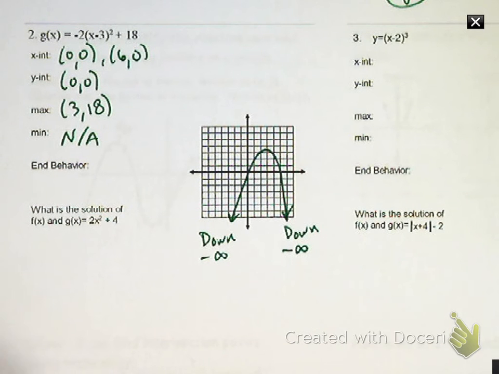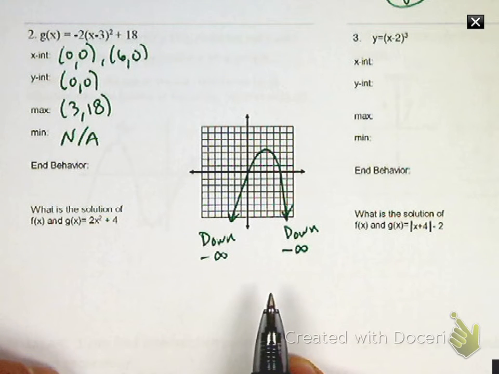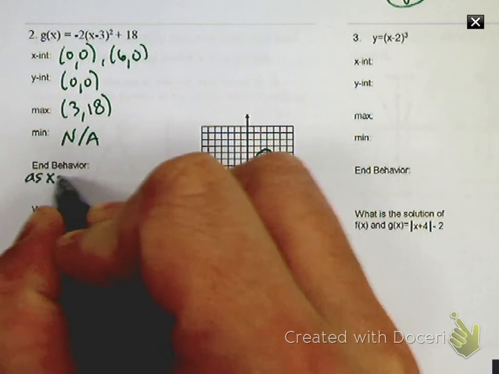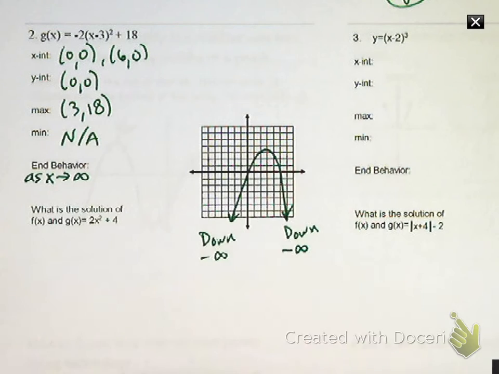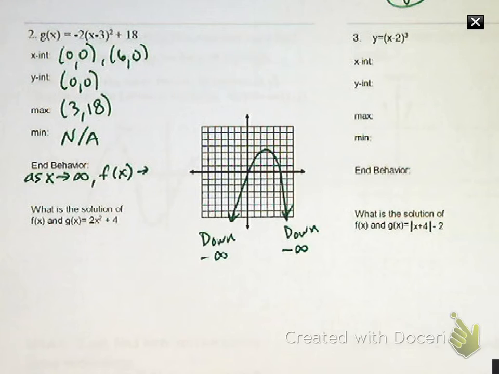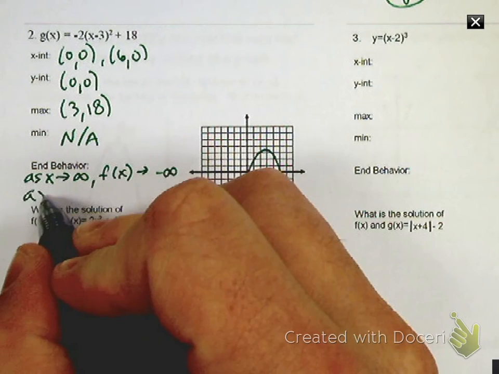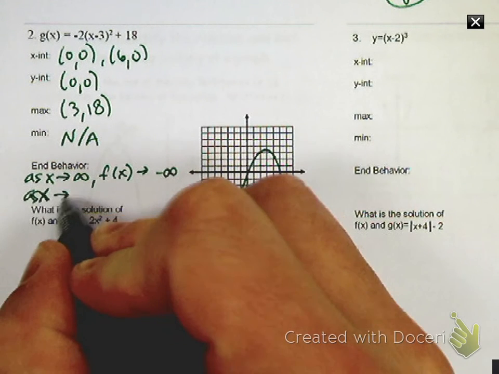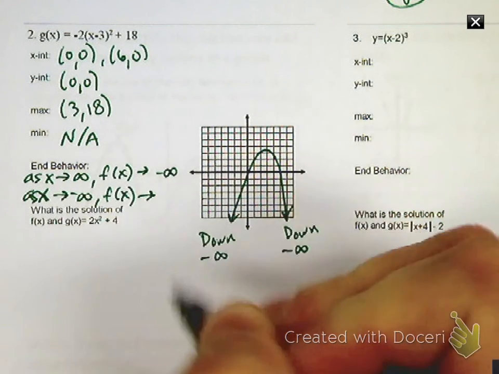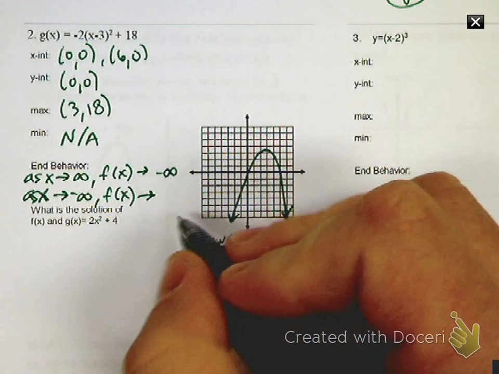So that's not good enough for a final answer here. What I'm actually looking for is the statement as x goes to infinity, that's to the right, the graph f of x goes where? It goes to negative infinity. And as x goes to negative infinity to the left, where does the graph go? Also to negative infinity.